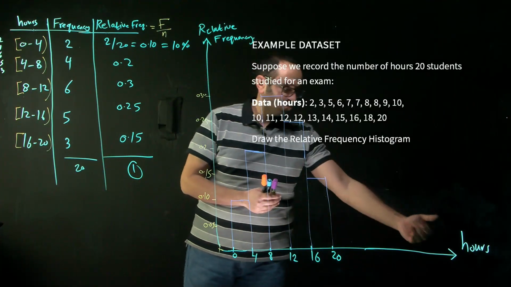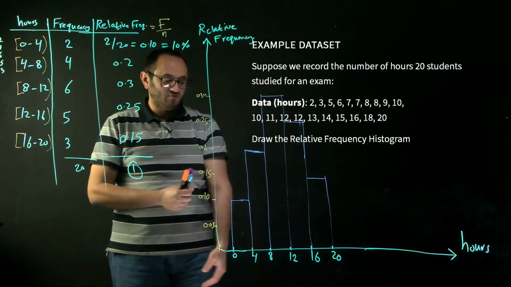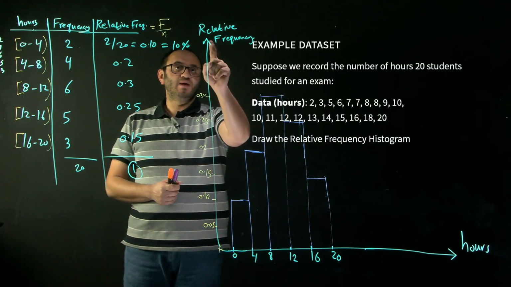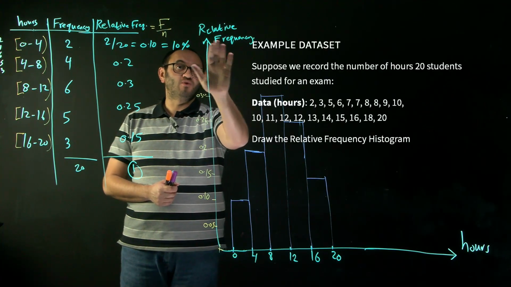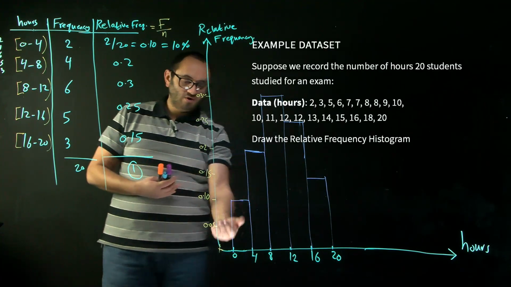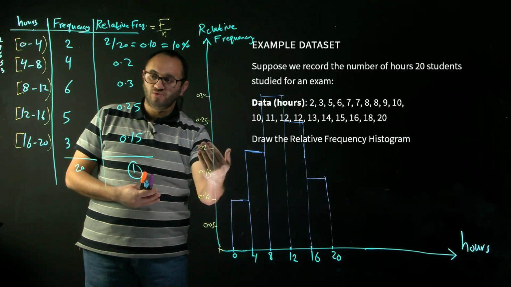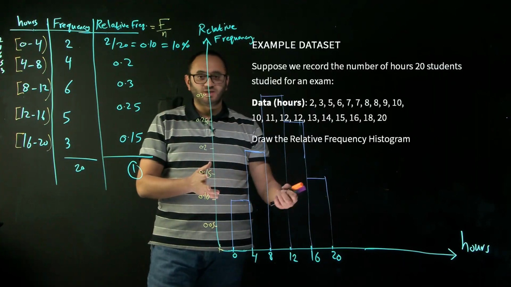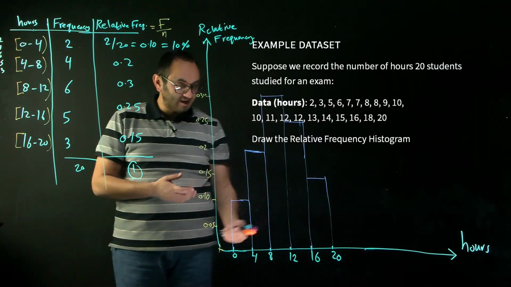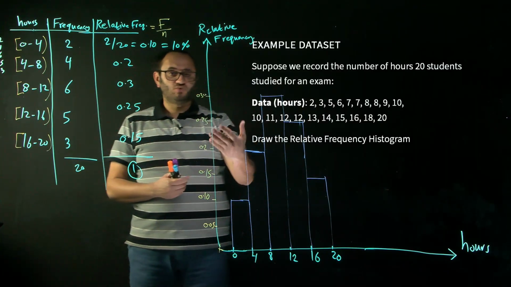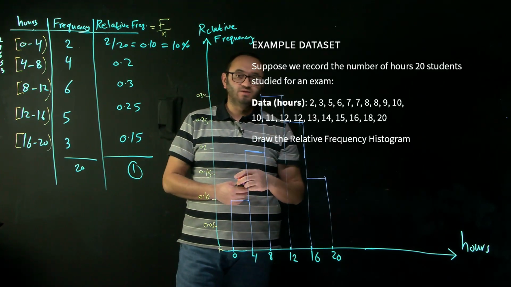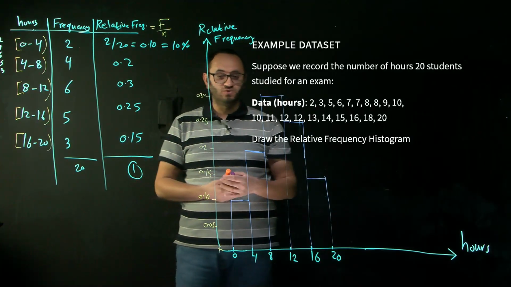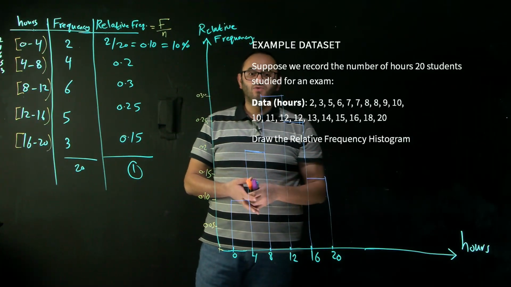On the x-axis, we have hours, with the same intervals. On the y-axis, we should have not relative frequency but frequency only, like 0, 1, 2, 3, 4, 5, 6. So we should have the same x-axis and the same shape, but the y-axis is slightly different. This is the difference between a frequency and a relative frequency histogram. That's it. Thank you very much for watching.